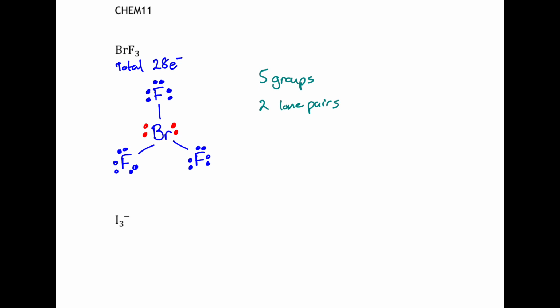This is the T-shaped one. So this is a T-shaped molecule. Two of the trigonal bipyramid positions are gone. That's the way it goes. I'm not going to draw the T-shaped one, because I already have it answered.